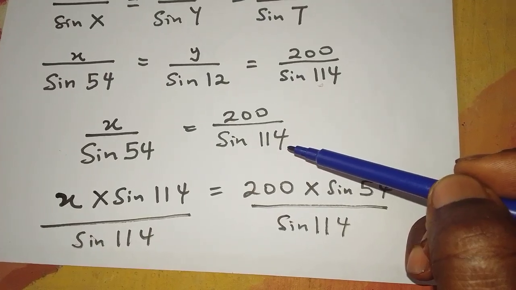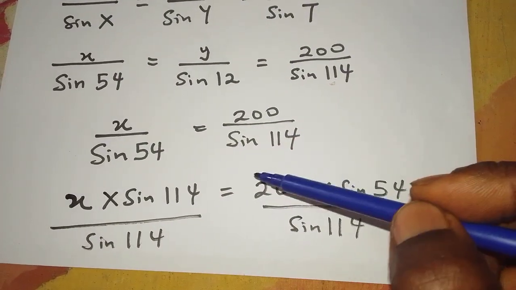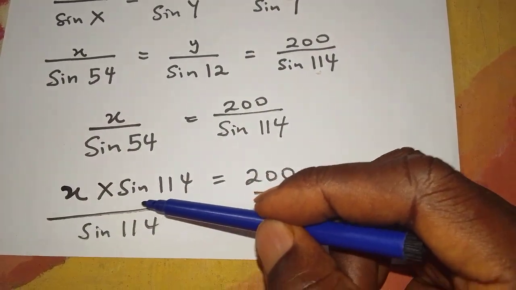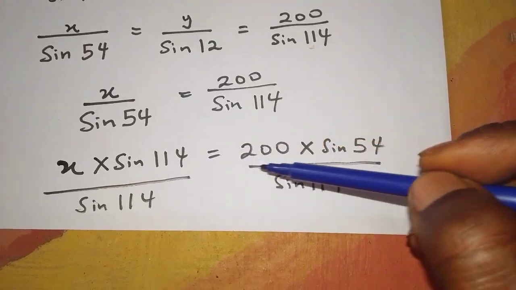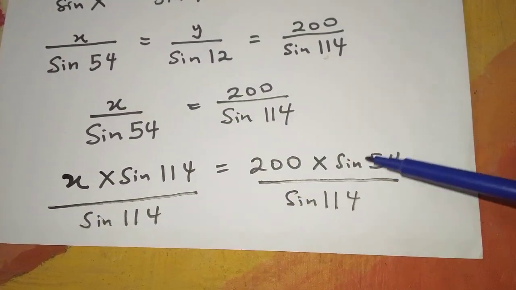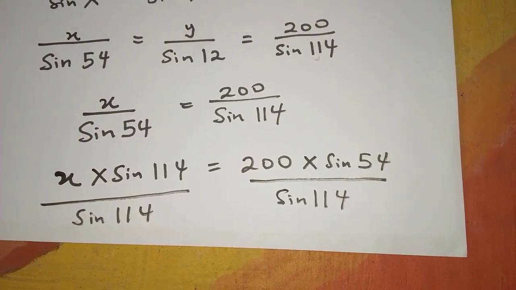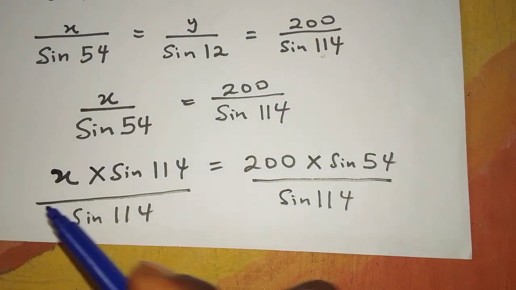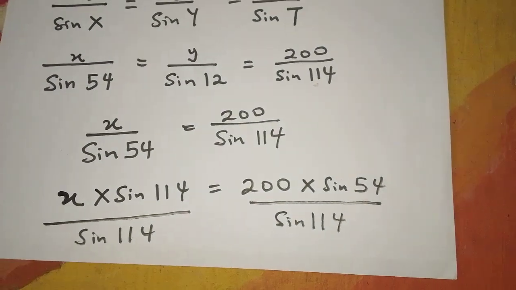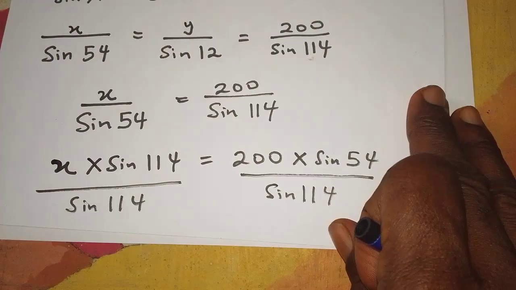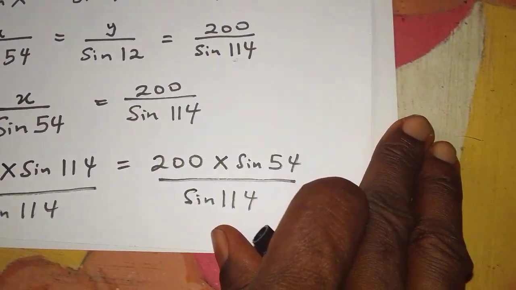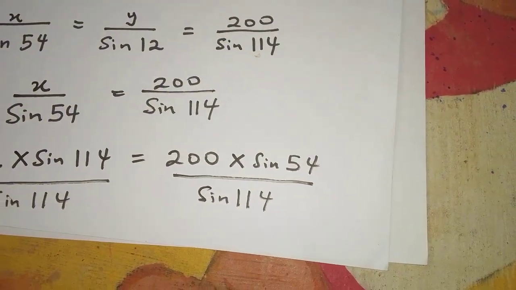So to get x, you cross multiply. That means x times sine 114 is equal to 200 times sine 54. To get x, divide both sides by sine 114. So you are left with x there. So it's equal to 200 times sine 54 over sine 114.